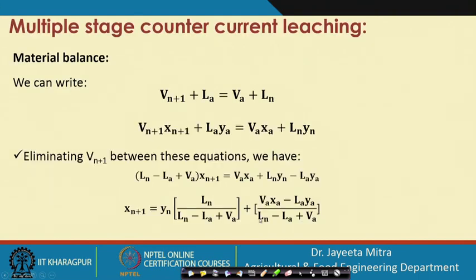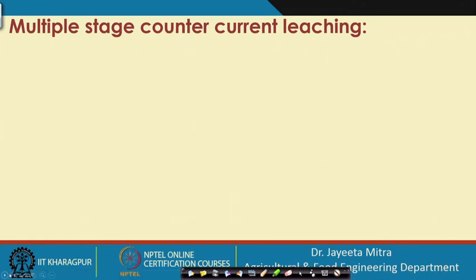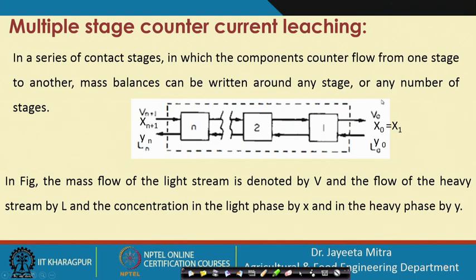So, then we have to do the material balance for the multiple stage counter current leaching. So, that will be from V n plus 1 plus L A. If you go back to the multi-stage figure, so we have V A, L A, x 0, y 0. So, this V and L n and V n plus 1 and L A have to be balanced, right.